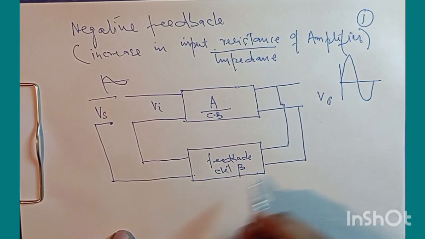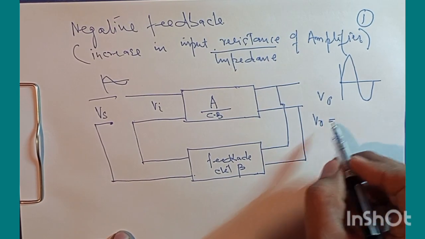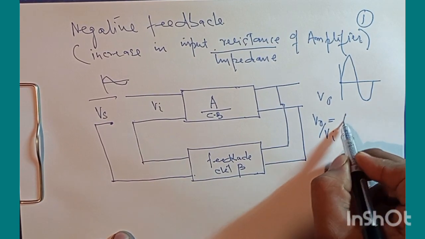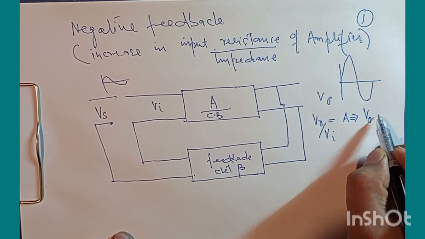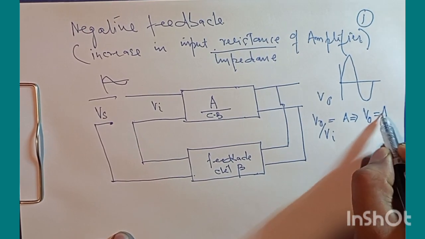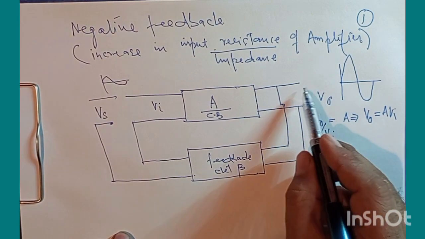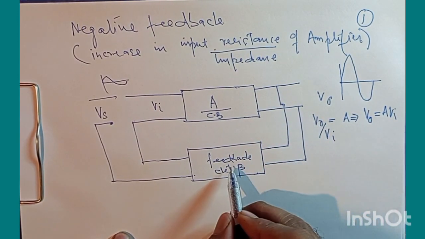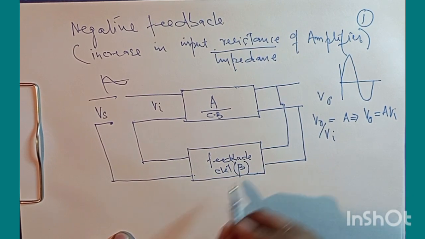Here V out by Vi should be A, so V out should be A Vi. So when this output voltage is subjected to the feedback circuit, here we have beta.